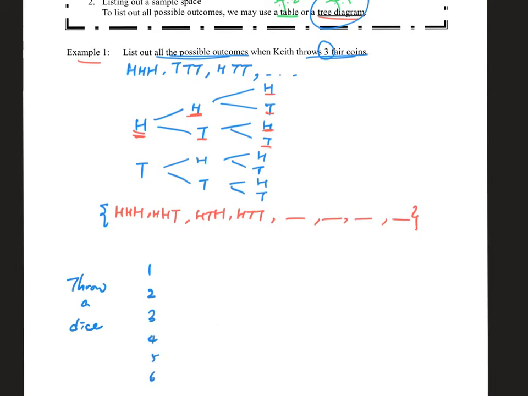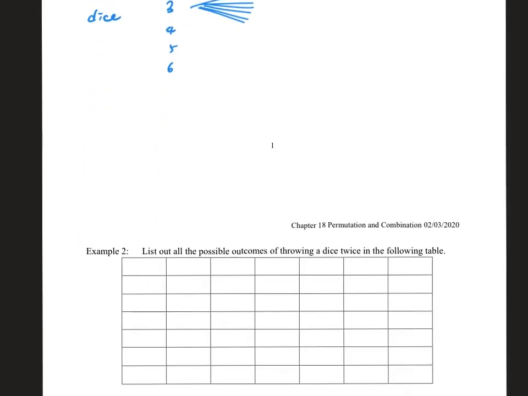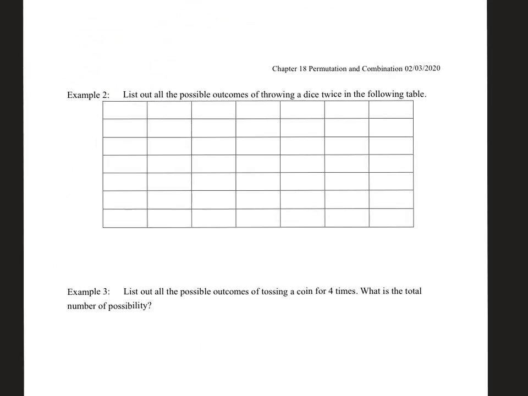But this time it will be very terrible, because after the first one, you may have 6 branches afterward, which gives you 1, 2, 3, 4, 5, 6; then 2 the same, 1, 2, 3, 4, 5, 6; 3 the same, etc. So it would be quite terrible to write down the results of a tree diagram of throwing a dice. In this situation, we may use a table, which helps us list out all the possible outcomes of throwing a dice twice.